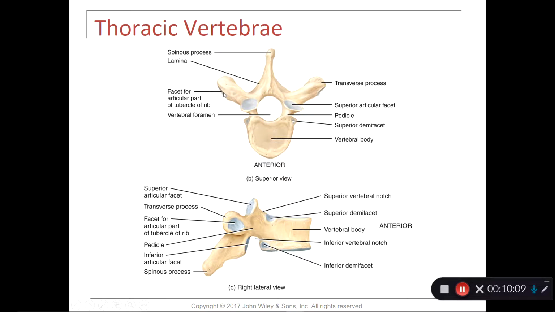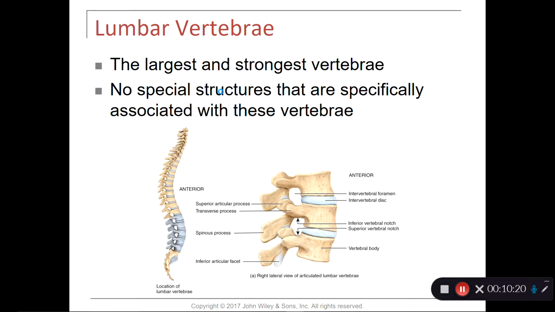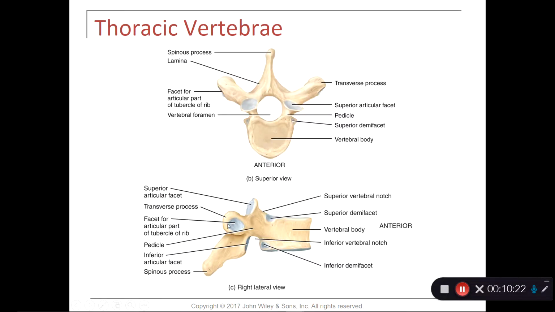You can see this tubercle, the facet or articular portion of that. The spine receives the tubercle of that rib. So basically the backside of that giraffe ear is receiving that rib. That's some strong ears.